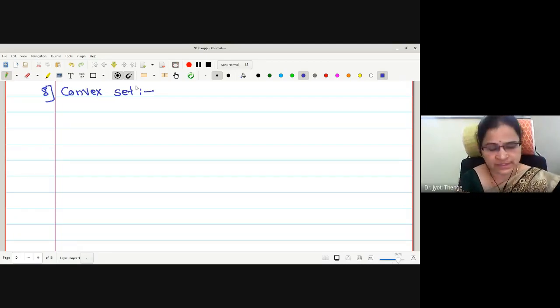A given set is called a convex set if the line segment joining any two points of the given set lies in the same set. Let me repeat. A set is called a convex set if the line segment joining any two points of the given set lies in the same set.